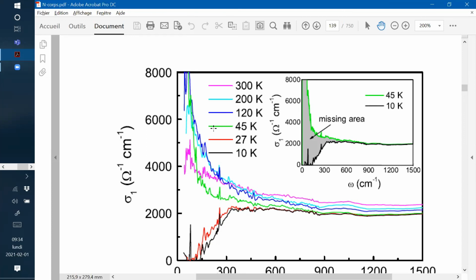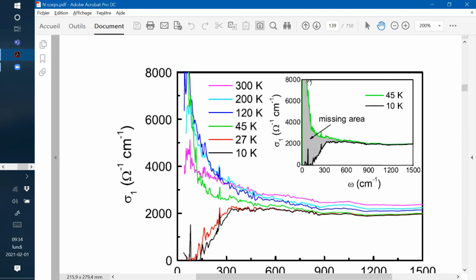So here, 45K is the green line, okay? So at 45K, we have a conductivity that decreases. And then in the superconducting state, at 27K, you get the red line here, and 10K, you get the black line.